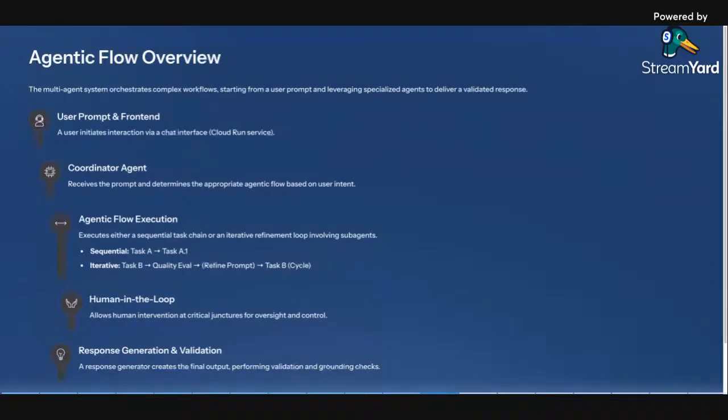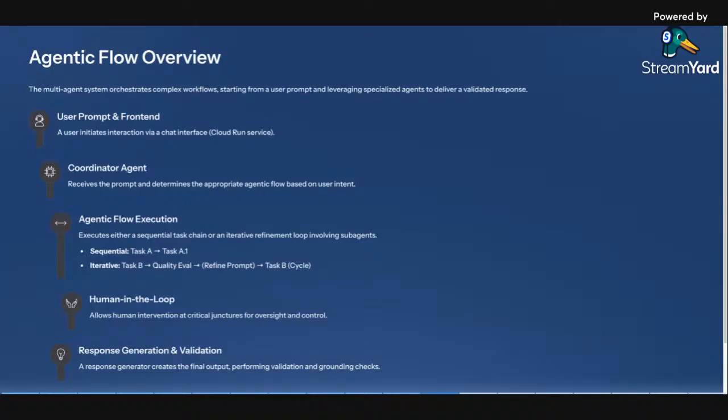It can be sequential. Let's say the task has different subtasks: task A, and then task A.1. The interactive pattern is where task B will interact with different files and databases, and it will give us the output according to the prompt that is given. Human in the loop will basically give control to humans whenever the system has a criticality in order to access different parts of the tools or systems that we are using.